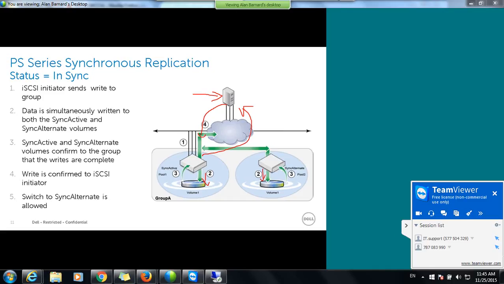After you have your acknowledgement finished, and both sync rep volumes are in sync, then you can perform a switch. Otherwise you will not be able to switch it over.